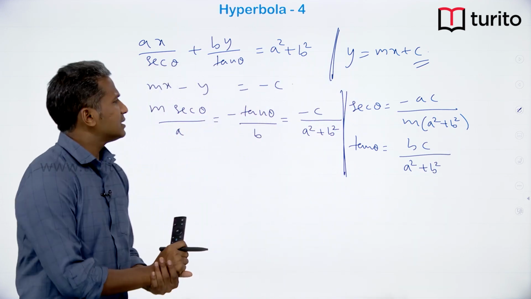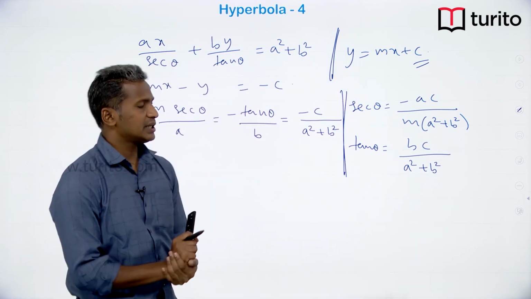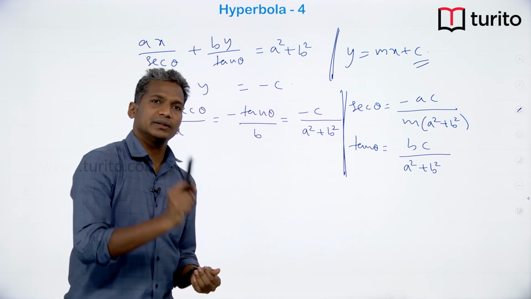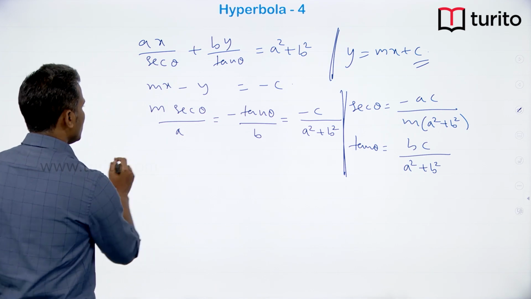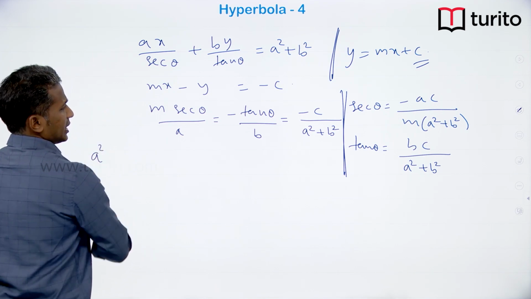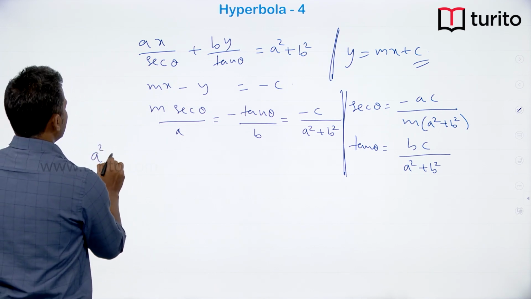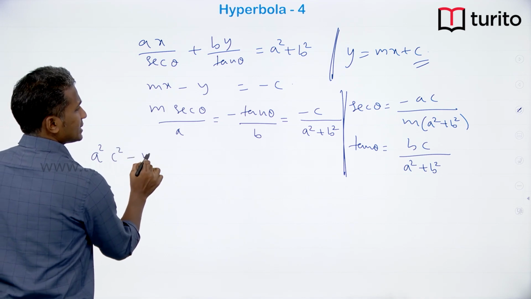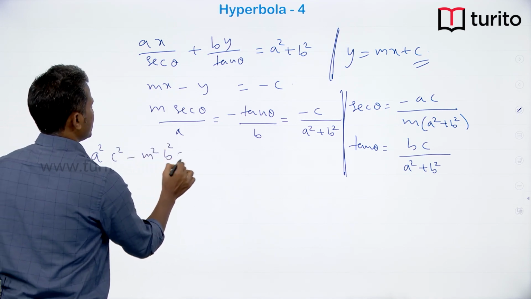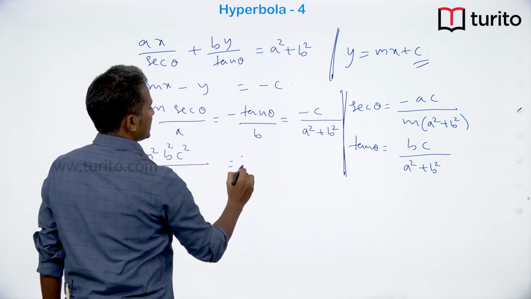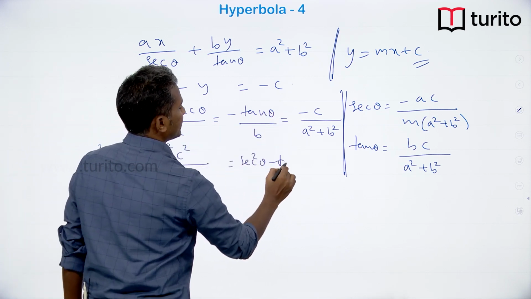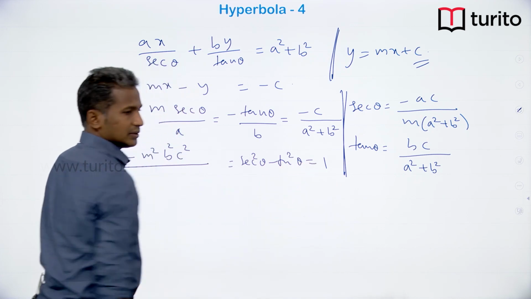And we know that sec square theta minus tan square theta must be 1. So, how do we do that? A square c square minus m square b square c square divided by, basically I am applying sec square theta minus tan square theta is equal to 1.